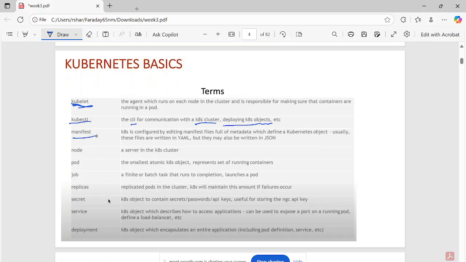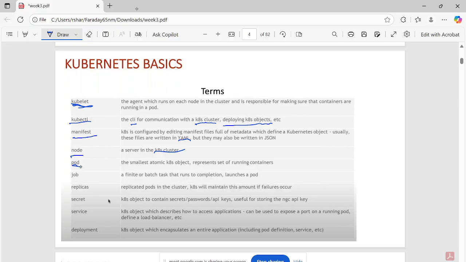Next, a manifest is basically the configuration, the full metadata, which defines a Kubernetes object. Usually, these files are written in YAML. And there is a node, which we know is basically a server in the K8s cluster.